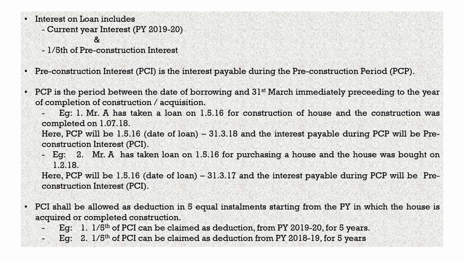In the second example, the pre-construction interest will be claimed from the previous year 2018-19, since the date of purchase of the house is 1/2/18, that is the previous year 17-18.